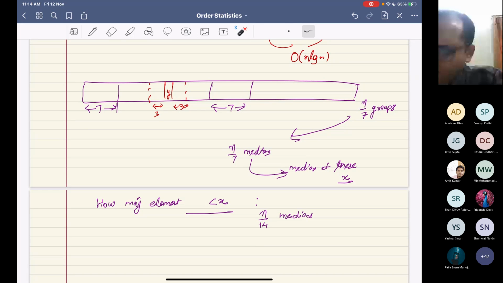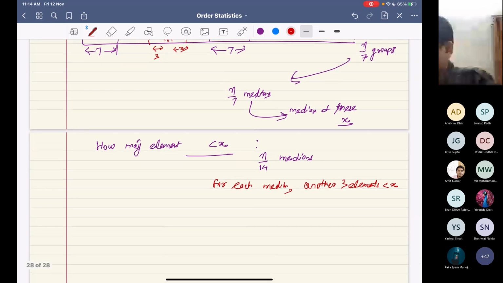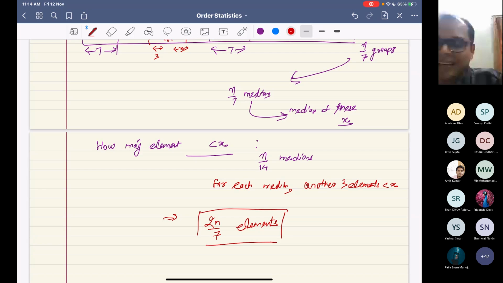So for each median, another 3 elements are smaller than x. So at least 2n by 7 elements are smaller than x.